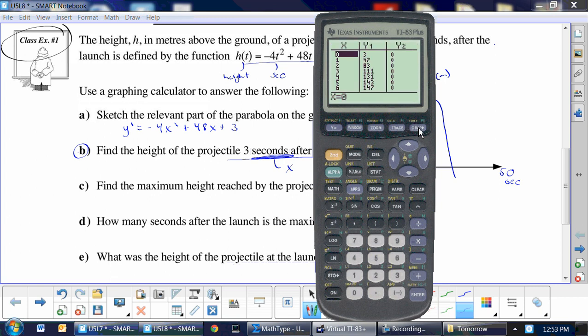So you can also go to table and find it. Yep. Just like when we're finding our y-intercepts, we make x equal to 0. If we were to do this algebraically, we'd say x is equal to 3. Actually, that's what we're doing tomorrow, so sneak peek right there.